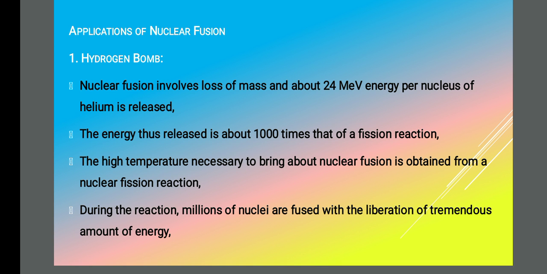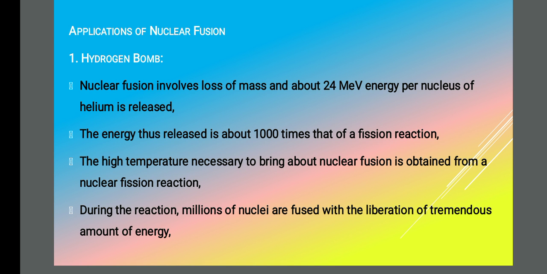The first hydrogen bomb was exploded in Marshall Island. I'll repeat. In the hydrogen bomb, nuclear fusion involves loss of mass and about 24 mega electron volt of energy per nucleus of helium is released, about 1000 times that of fission reaction.